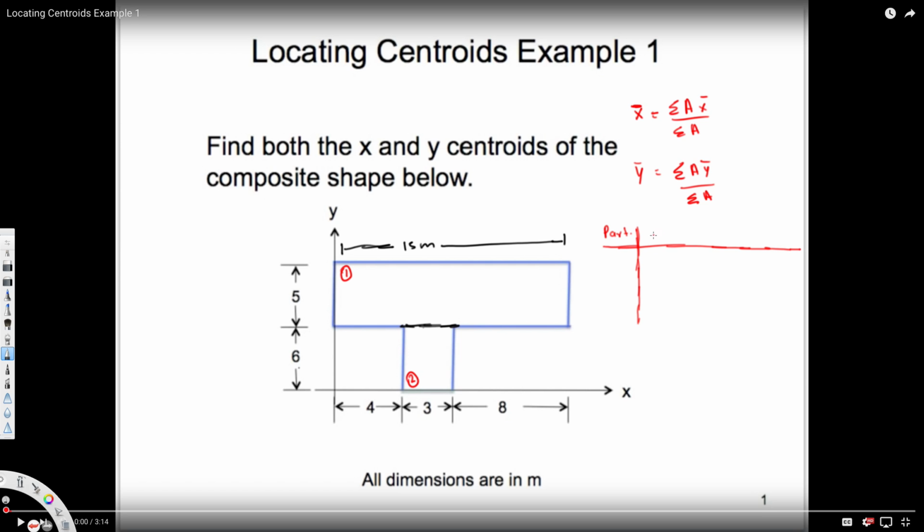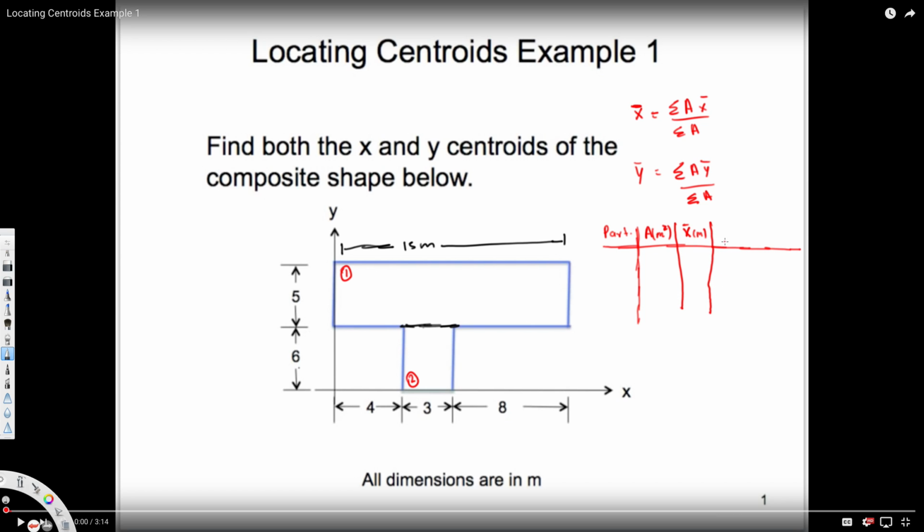Now we have to find the area for both parts. They have said that all dimensions are in meters, so the area is going to be meter squared. And then we have to find the x bar, which is simply going to be in meters.